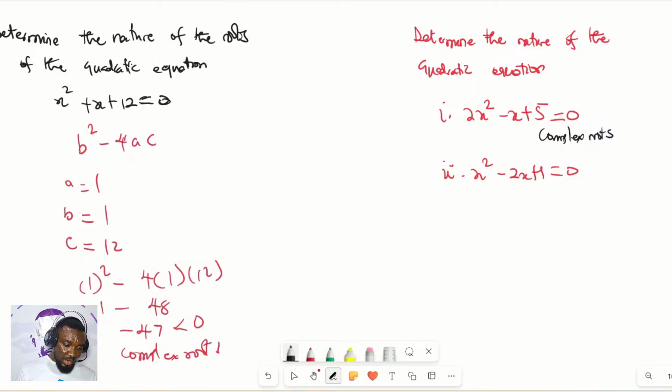And then how about II? Try and go through II as well. What is the nature of the quadratic equation for II? Okay, so Calvin says it's a complex root, so that is it. Now let's look at II as well.